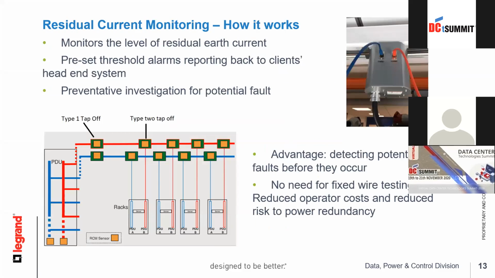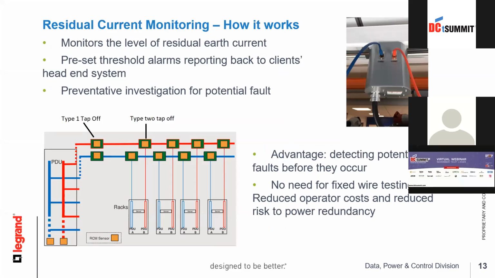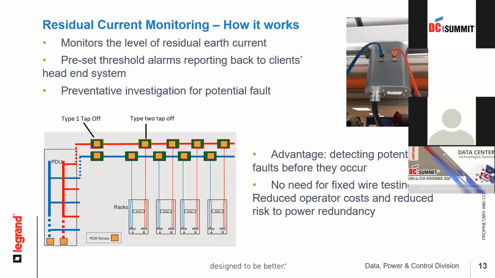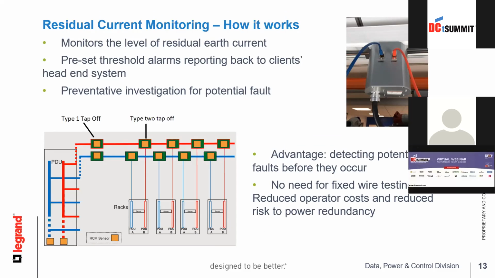Residual current monitoring: how does it work and how can Starline address this with the solutions they have? It monitors the level of residual earth current and preset threshold alarms, reporting back to the client's head-end system, with which a preventive investigation can be done to prevent a potential fault. So the advantage you have is that faults can be detected before they occur, so that you could avoid any unexpected downtime.